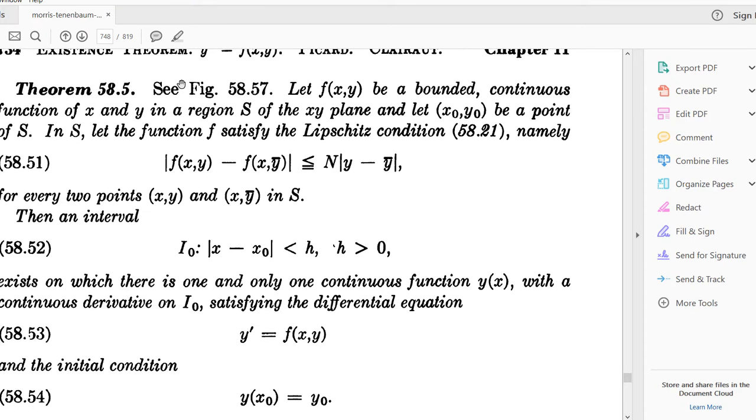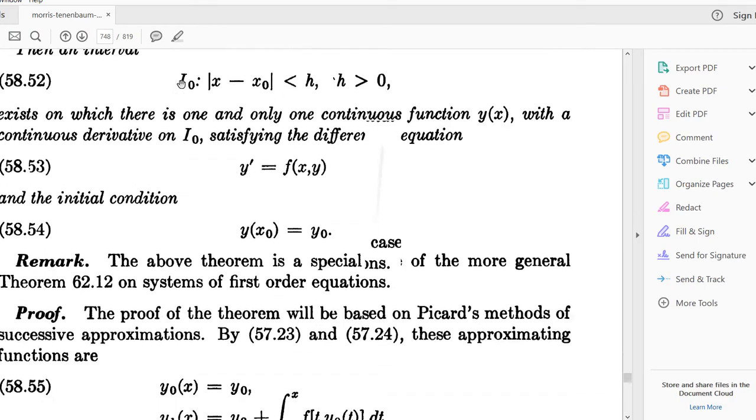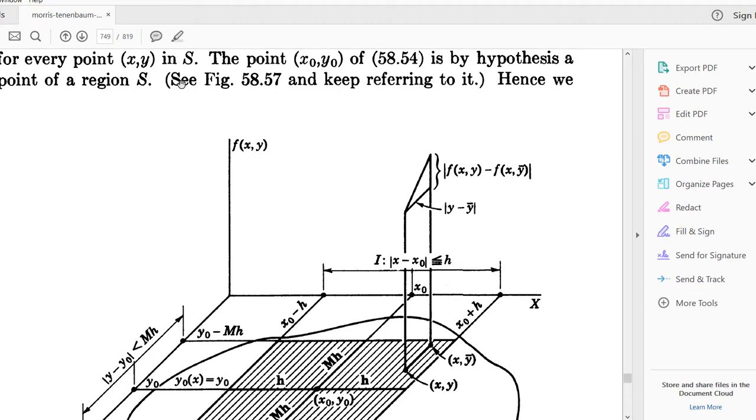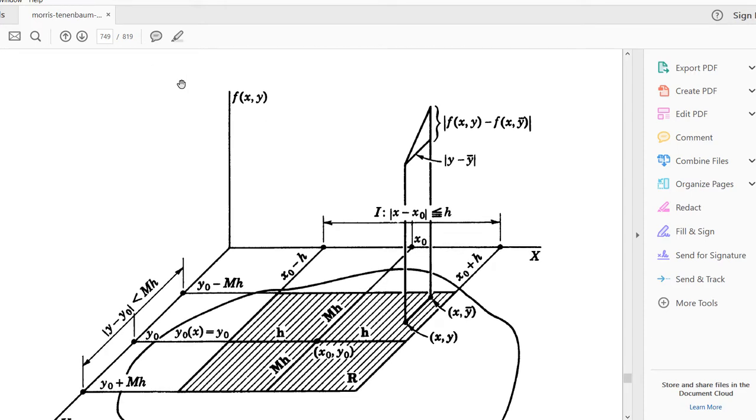That's beautiful. And it says, see figure 58.57. That's this picture. Where'd they put it? Here. We're going to use this picture a lot. All right? So I'm going to talk you guys through this. I think it'll be good. So here we go. The theorem.